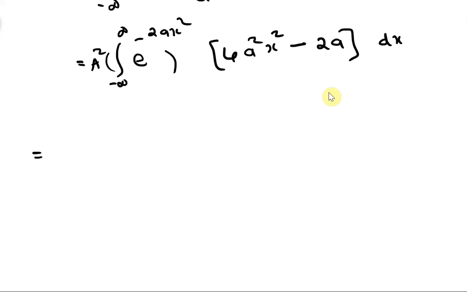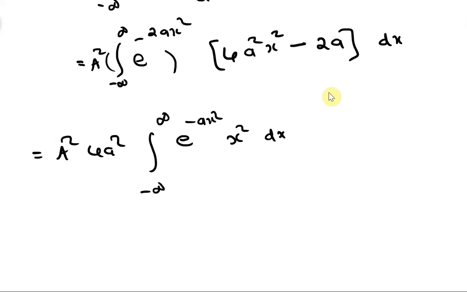So the first integration will be a square into 4a square, minus infinity to infinity, e raised to minus a x square, x square dx, plus another term which is minus 2a square integral minus infinity to infinity, e raised to minus 2a x square dx.